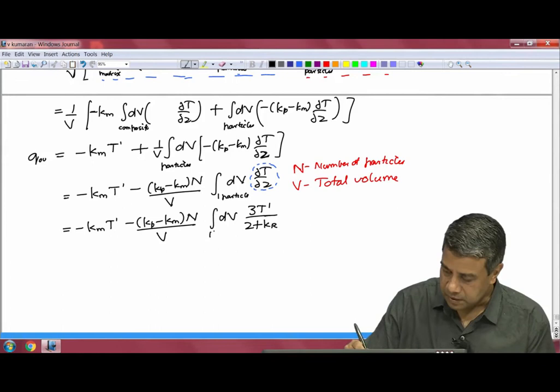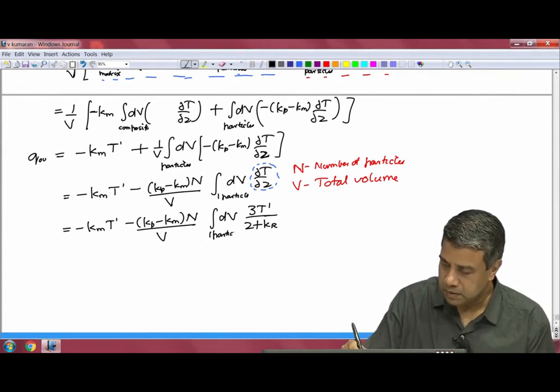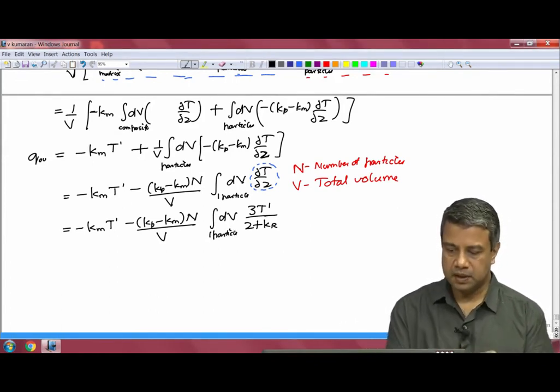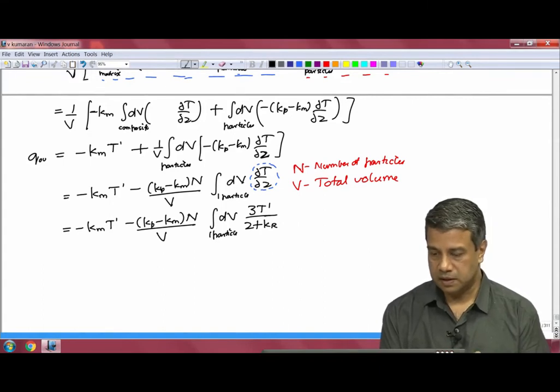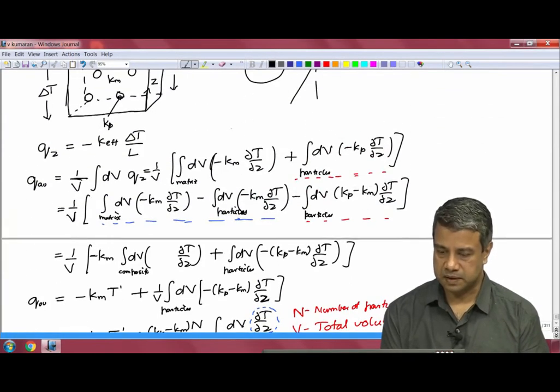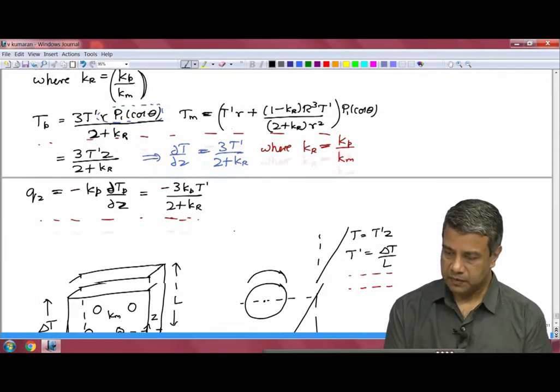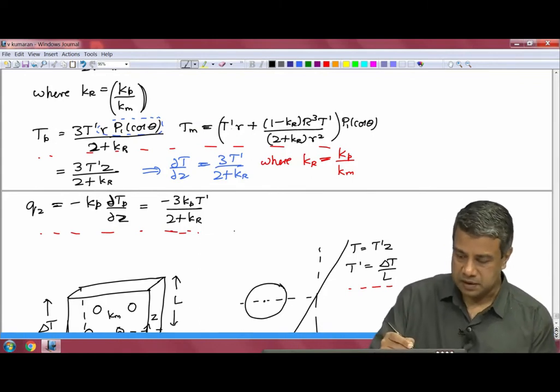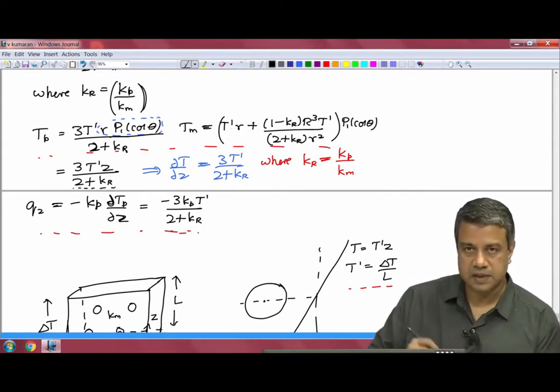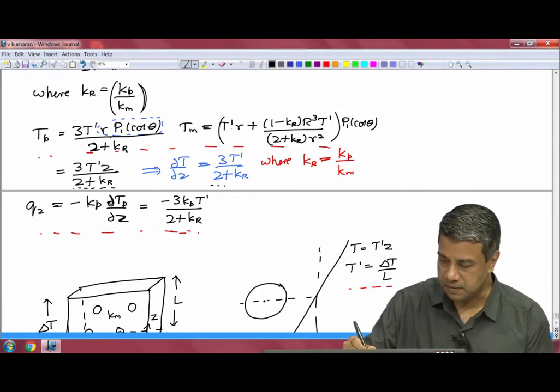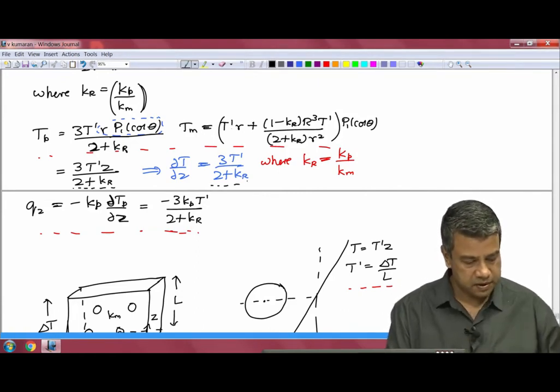Integrated over one particle. Note that this temperature gradient is independent of position. dT/dz is independent of position. You can see that the temperature is proportional to z to the first power, and therefore dT/dz is independent of position.